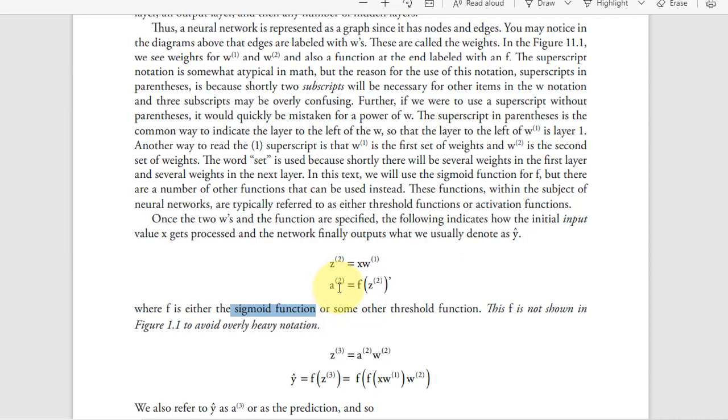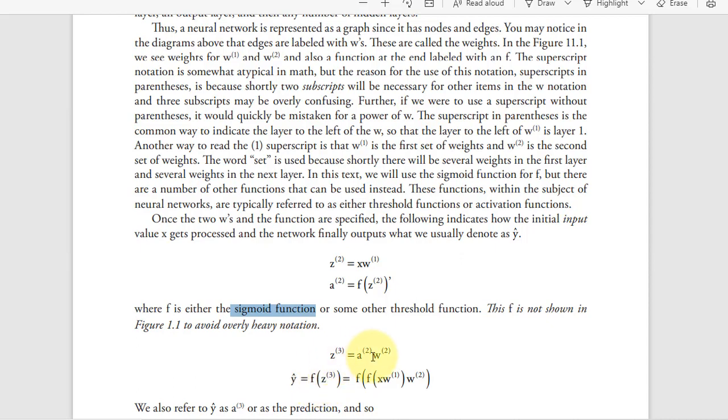Then we take that A2 and multiply it times the weight on the next edge, and that will give us z3. Then we're taking that z3 and putting it into the sigmoid function. We can call that either A3 or y hat. And then we can write that, well, what was z3?